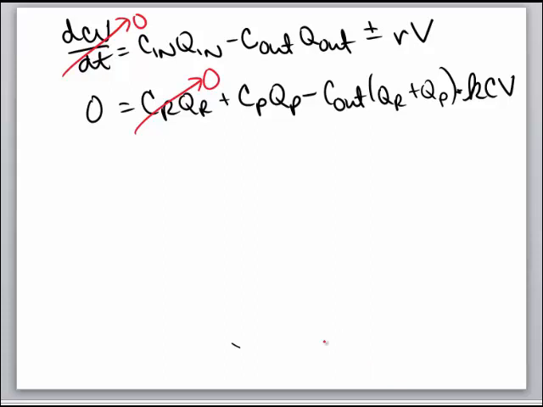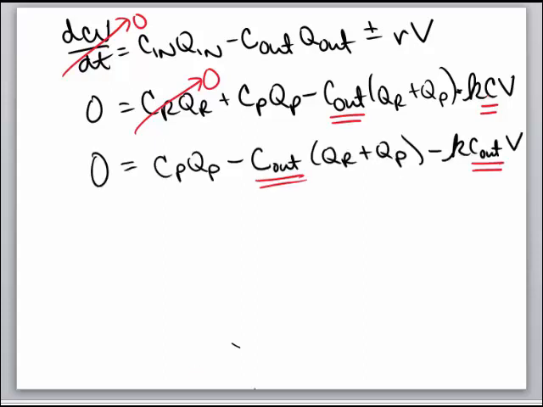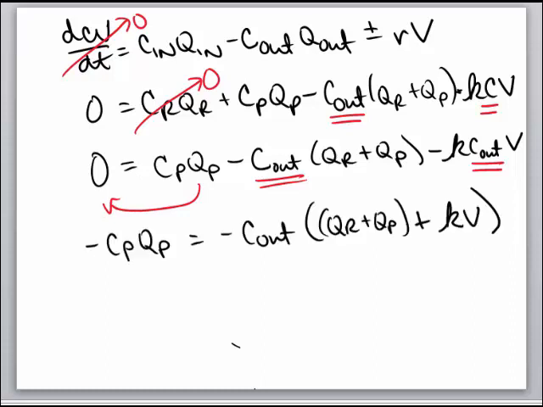And we also assumed a completely mixed system. So in a completely mixed system, the concentration going out would equal the concentration in the lake. And I'm going to take this to that side of the equation, and now I will solve for C out.